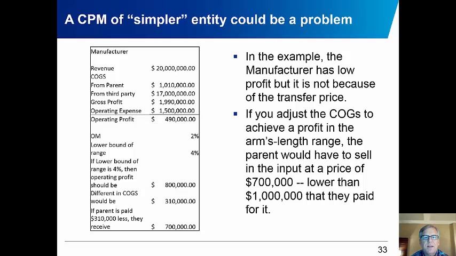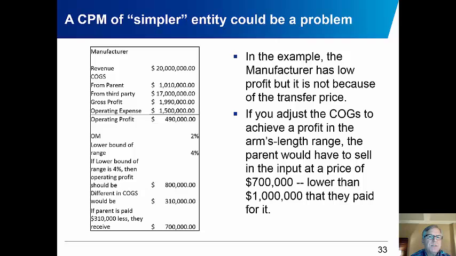That would be a decrease in the COGS of $310,000. If the parent were paid $310,000 less, they would only receive $700,000. But the parent paid $1 million for that product from the third parties.